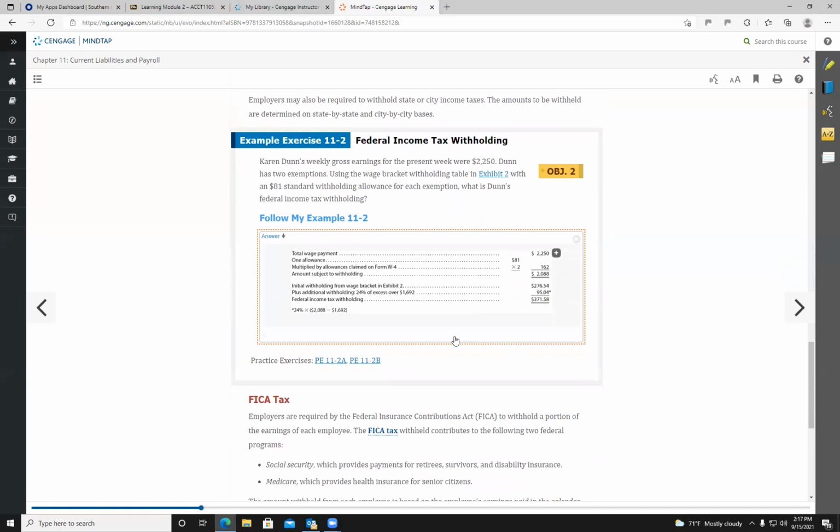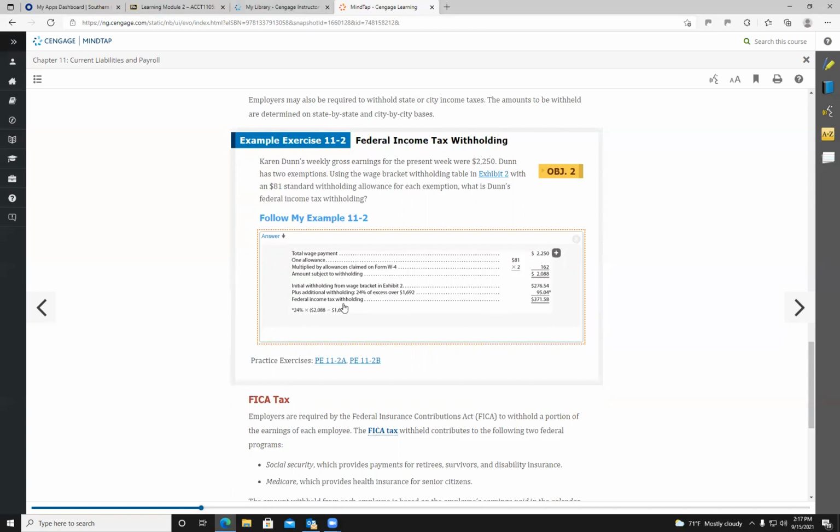So let's look at what they did down here. They did the calculation right here, the 24% of excess over $1,692. They took the $2,088, subtracted $1,692, and then multiplied that by 24%, and you can see right here they have a little star by it. There's the calculation.